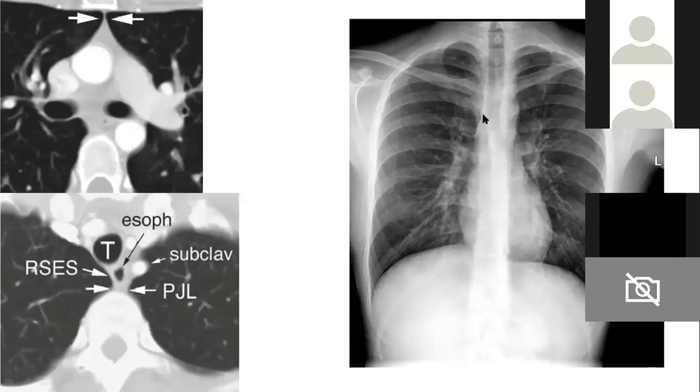This X-ray is showing a line here in the center, almost at the level of D5 vertebra downwards. And there is another line here in the center, overlapping the tracheal air column, and it is much higher than the previous line. The lower one is the anterior junctional line.